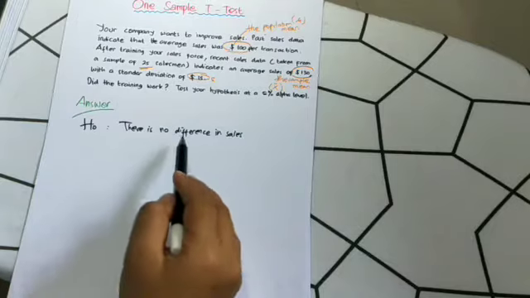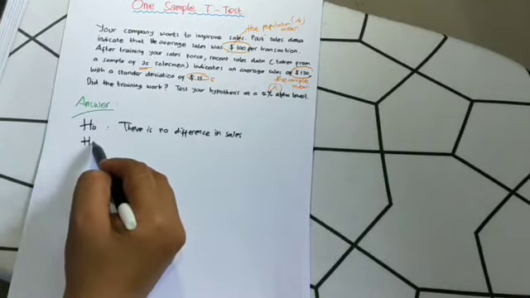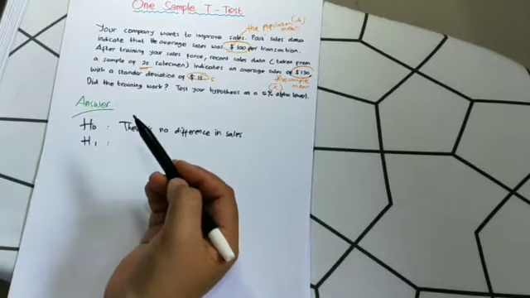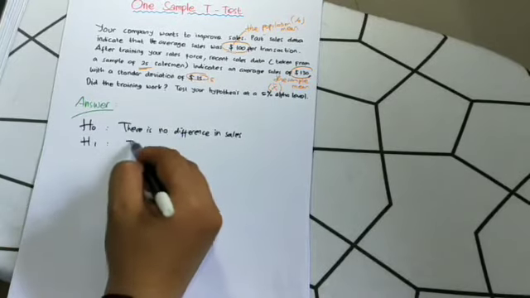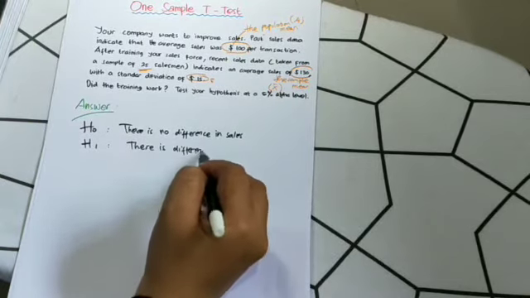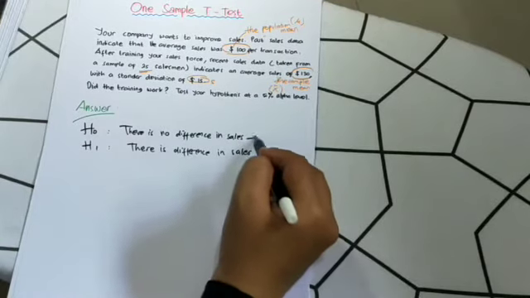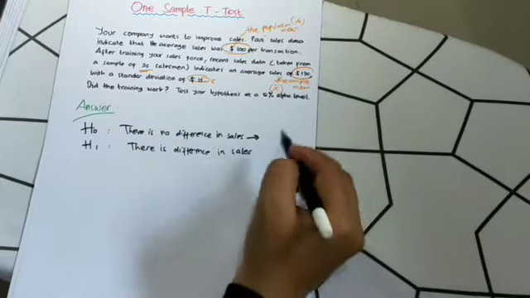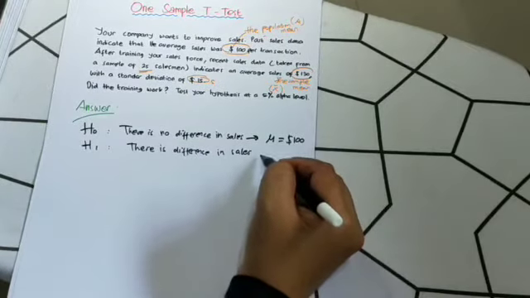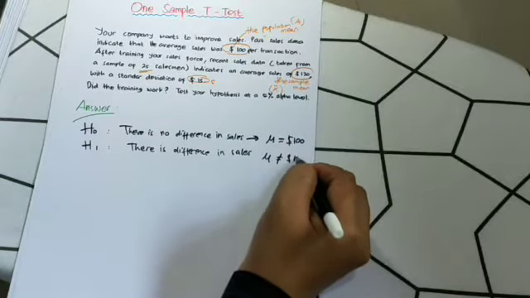It means there is no difference in sales. And what is your alternate hypothesis? Your alternate hypothesis is there is difference in sales. For this one, we also can say that mu equals $100, and for this we say that mu does not equal $100.